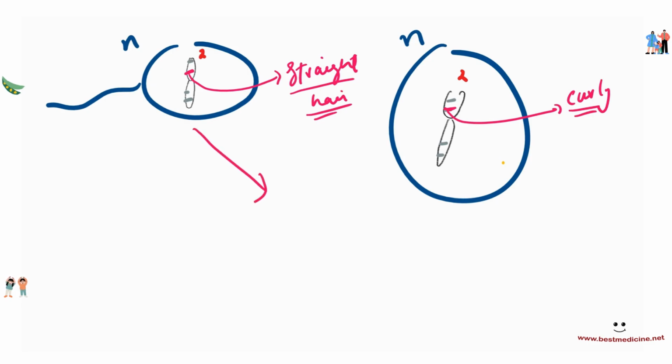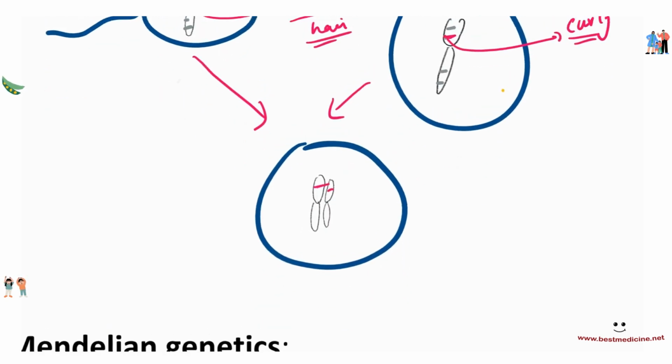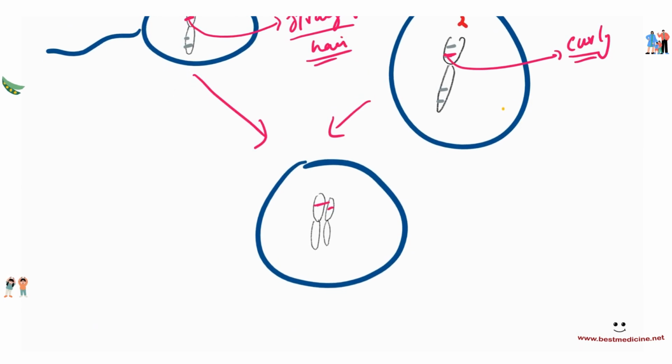So when we get a zygote, that's going to be a combination of the two. The zygote will have 2 chromosomes, one from each parent, and the zygote will contain both the alleles, both the versions of the gene. The zygote will have a straight hair and a curly hair version of a gene. These versions of genes are called alleles. So a zygote has straight as well as curly.